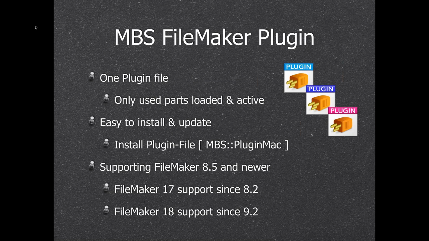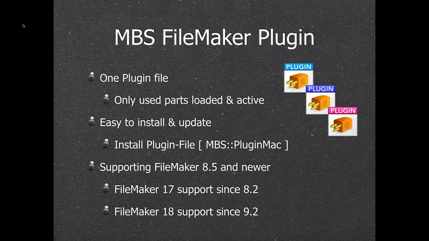The plugin comes as one plugin file, which makes it easy to install and update, and only the parts used are loaded and actively used. You can install it by script with the install plugin file script step, and we have an example database showing you how to install it on demand.